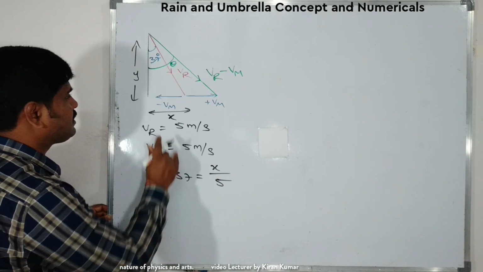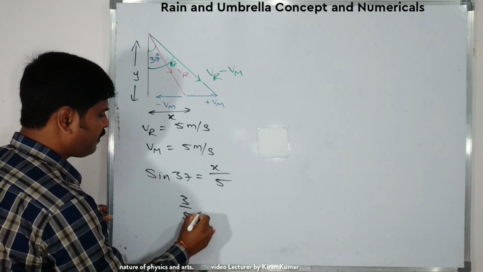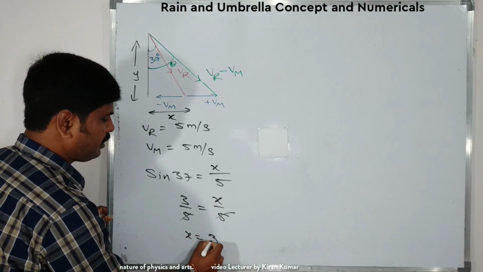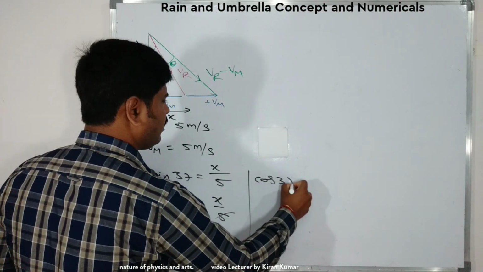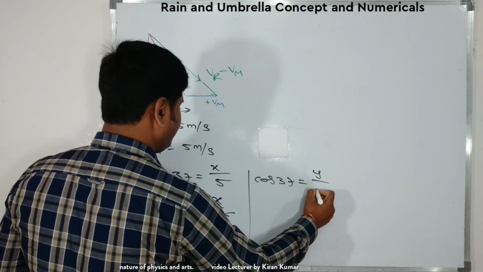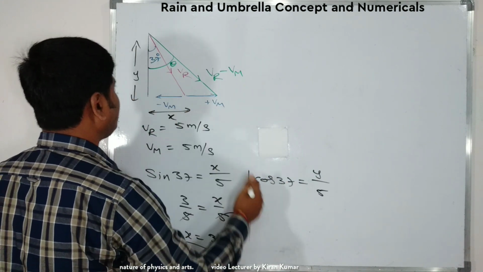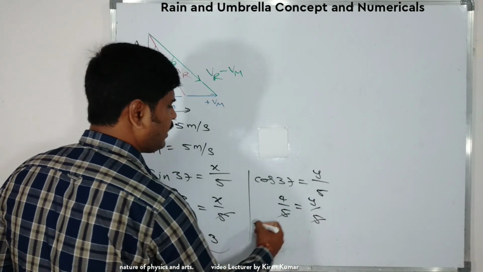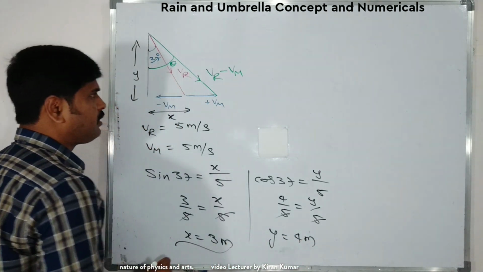Sine 37 value is opposite 3 and hypotenuse 5, so 3 divided by 5 is equal to x by 5. 5 gets cancelled, x is equal to 3. Okay, and next cos 37 is equal to y divided by Vr, which is 5. Then cos 37 is equal to 4 divided by 5, that is y by 5. 5 gets cancelled, here y is equal to 4 meter, and x is equal to 3 meter.